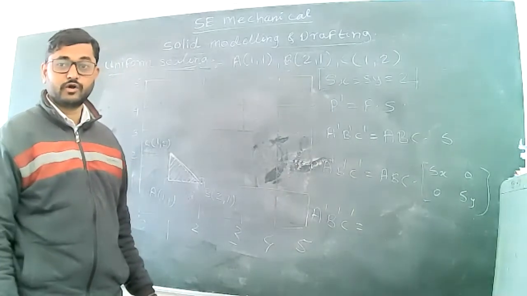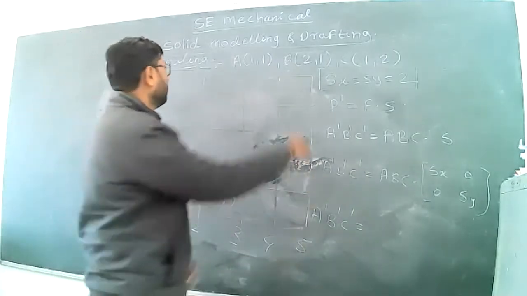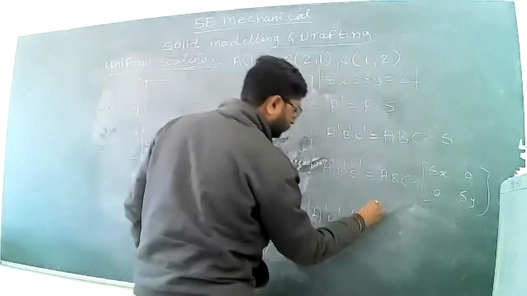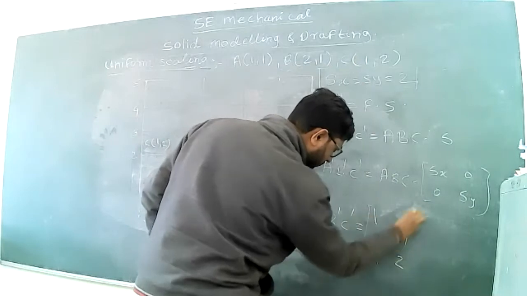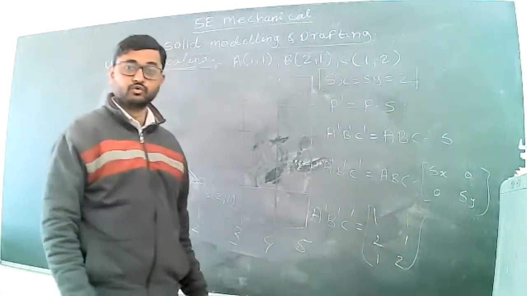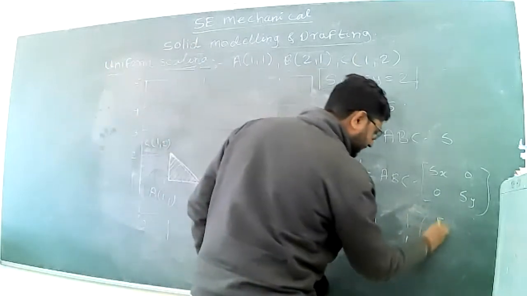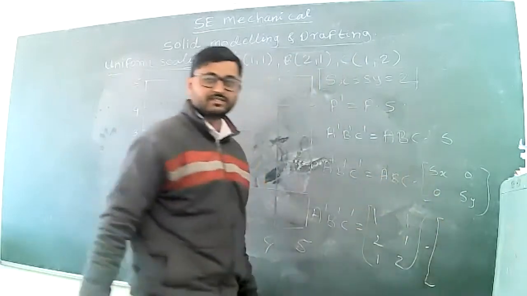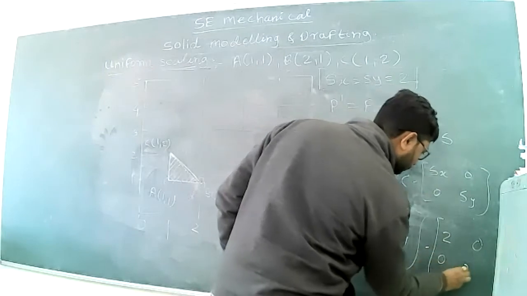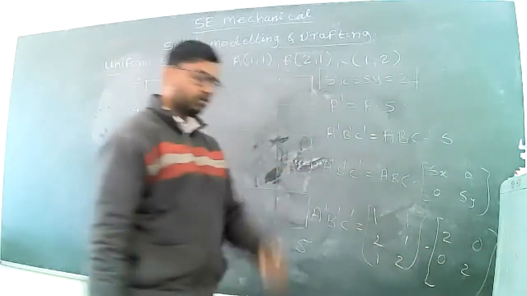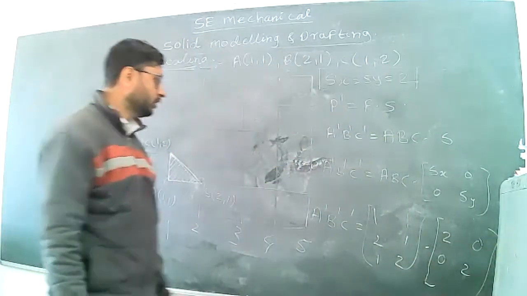Here A dash, B dash, C dash is equal to A, B, C. The coordinates for points A, B and C are (1, 1), (2, 1) and (1, 2), multiplied by the scaling matrix with Sx equal to 2: 2, 0, 0, 2.